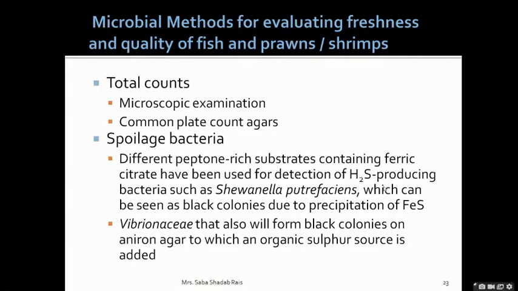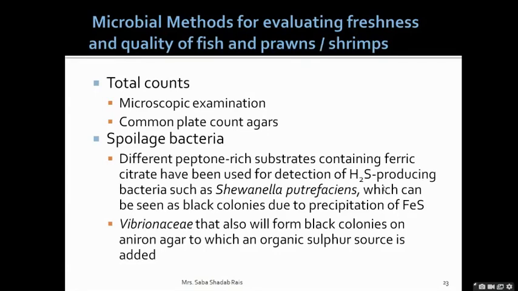Pseudomonas, we know, are bacteria which constitute more than 90% of the organisms. The most abundant quantity of certain organisms will be found in the decaying fish. As far as living fish are concerned, the number of microbes will be less.